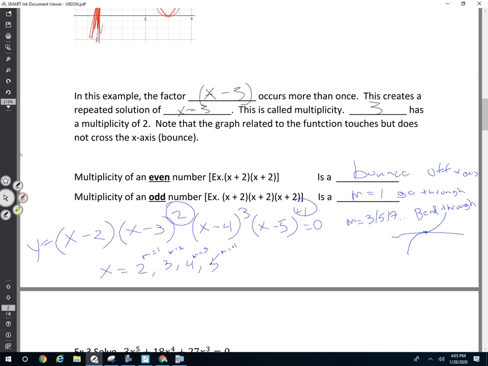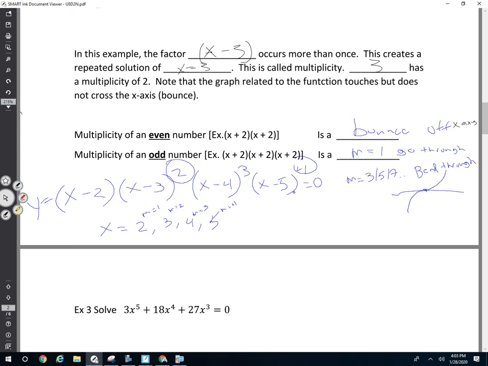M equals 1. This is 3 or 5 or 7. Okay? What is the top one to bounce off? Bounce off the x-axis. Sorry for my penmanship. Thank you for asking.